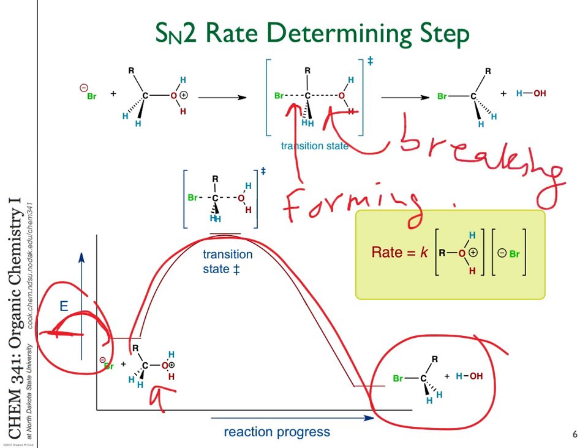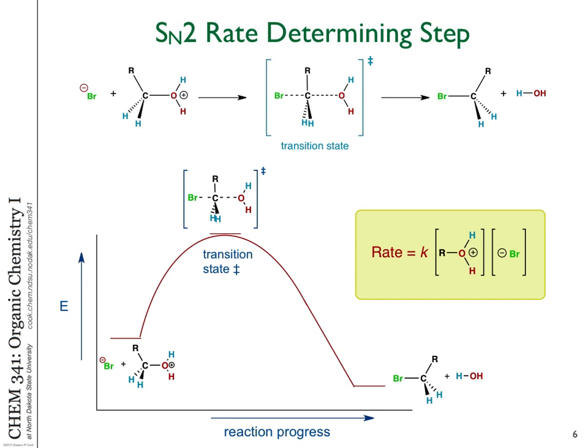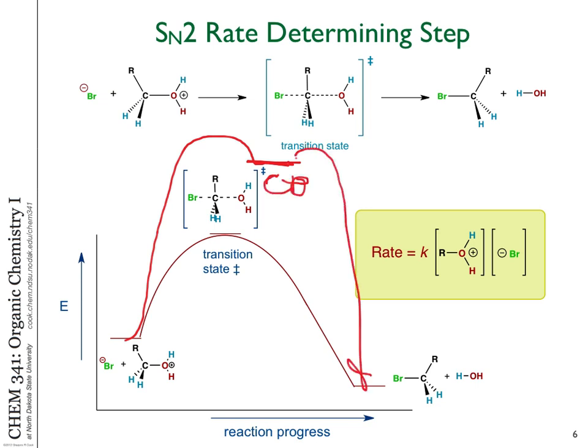And overall, that's going to be a little bit lower than actually forming a carbocation. If R is a carbon, for example, on that substrate, it would form a primary carbocation. If it were to go through the intermediate process, it might look something like this, where that's the carbocation, and then down to the product. So this is a little bit lower in energy, and that's why it takes this path, as opposed to forming a discrete intermediate. It does this all in one step.